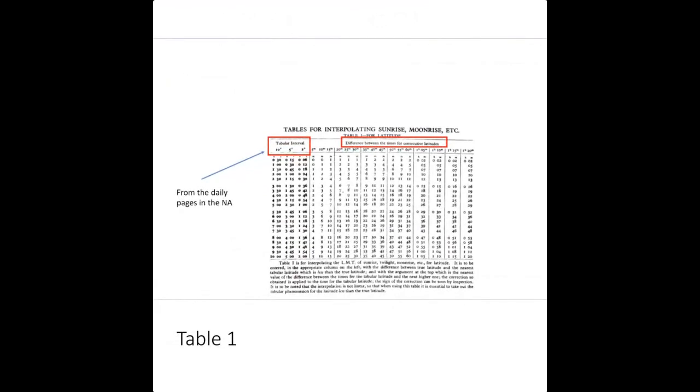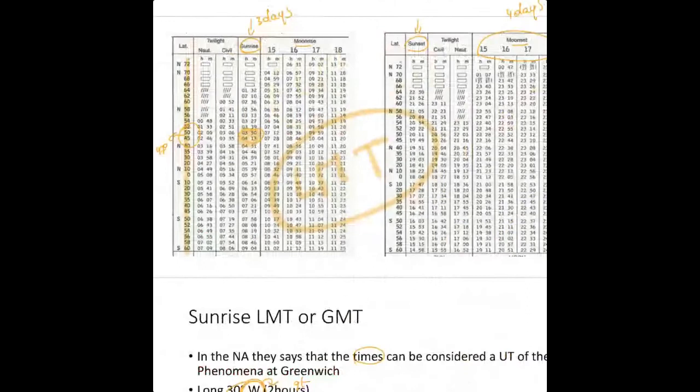Well, first, we need to see what the interval is between two consecutive latitudes mentioned on our daily page. I'll go back to my daily page again. You see here that the intervals between the latitudes start from 0, and then the interval is 10 degrees, then it goes to 5 degrees, and if we go more to the north, the interval gets smaller and becomes 2 degrees.